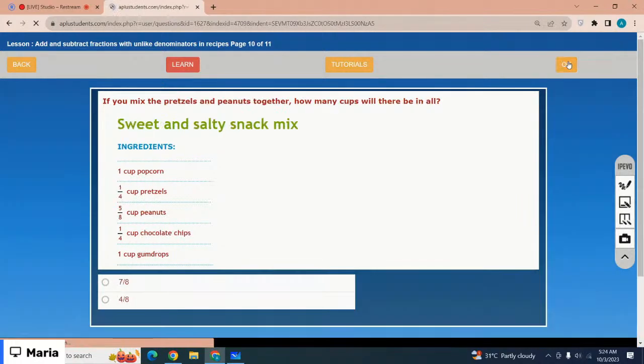Okay. The next one is if you mix the pretzels and peanuts together, how many cups will there be in all? You have 1/4 cup of pretzels and peanuts are 5/8. So, which is the correct option?